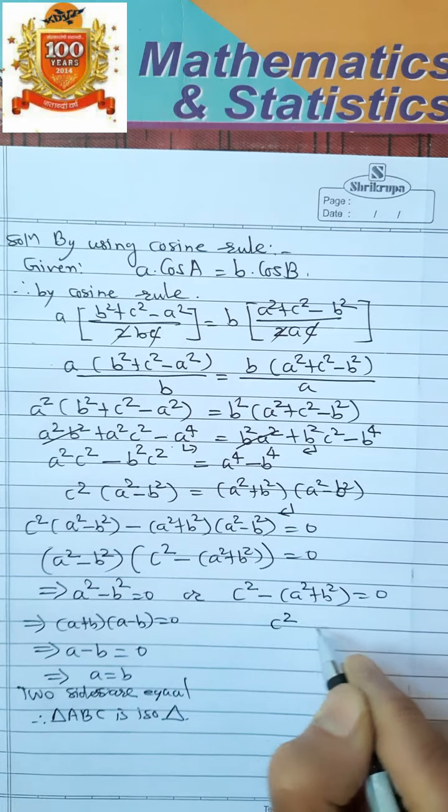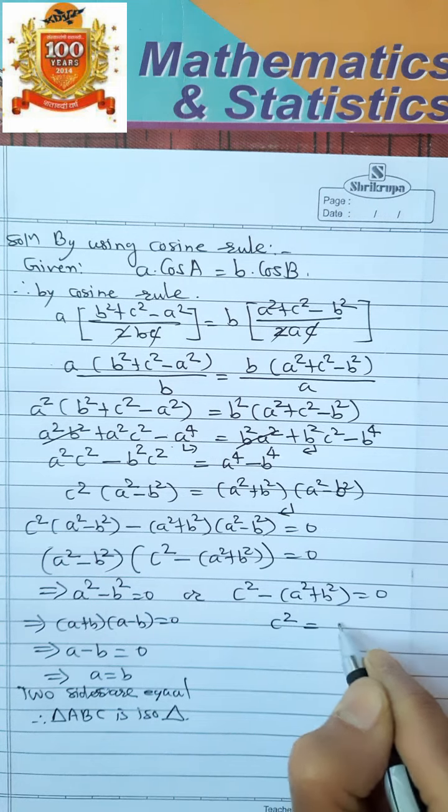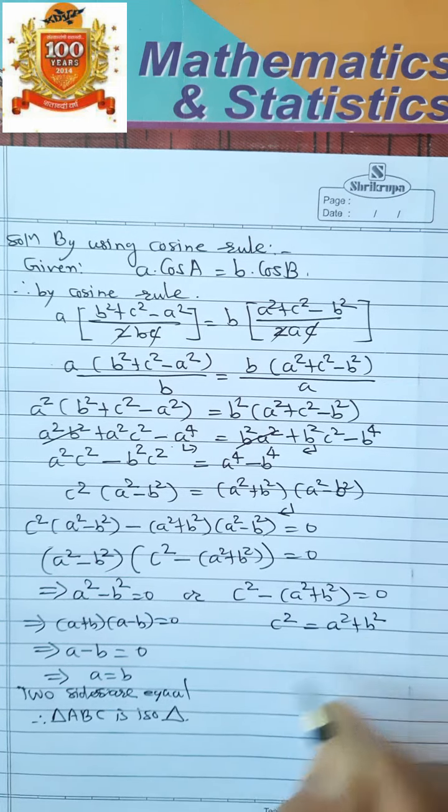Now here we get C square is equal to A square plus B square.